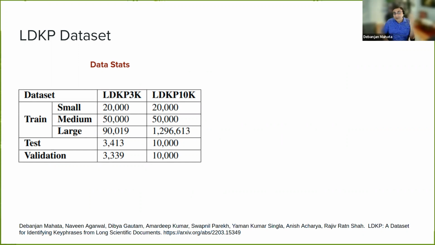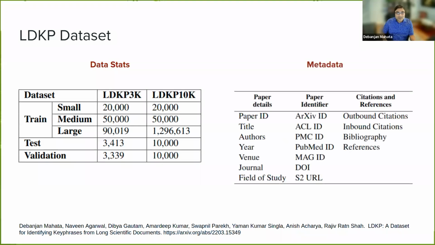I know a lot of us are students and might not have the resources to train big models, so we decided to release this corpus as small, medium, and large, with all the metadata, which could be useful in future studies of key phrase extraction and generation.